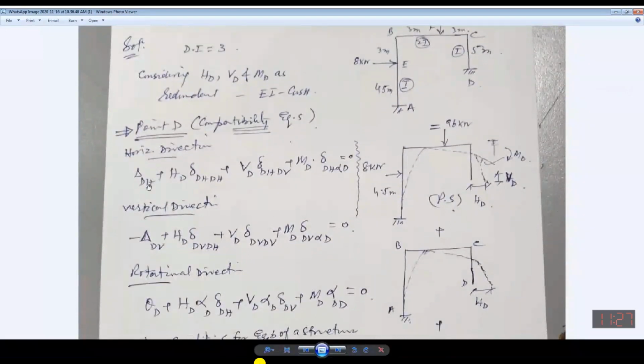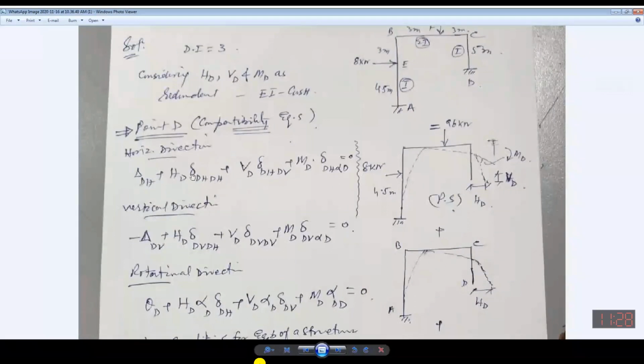This is the deflection at point D in the horizontal direction due to applied loading. Okay, due to applied loading. Okay, this is the flexibility, and flexibility is the deflection, or deformation, or displacement due to unit force. Now, what is this? This is flexibility at point D in the horizontal direction when unit load is applied at point D in the horizontal direction.